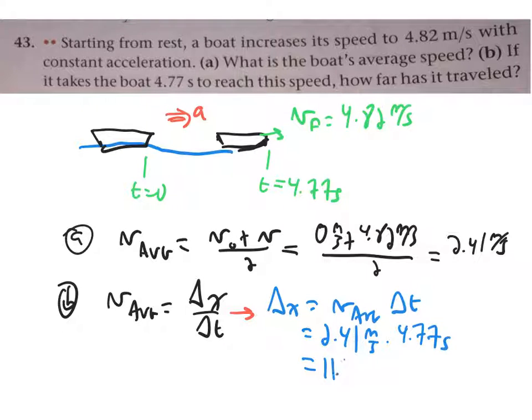This is 11.4957, and then we say that we have 3 sig figs in both numbers, so we should round this to being 11.5 meters.